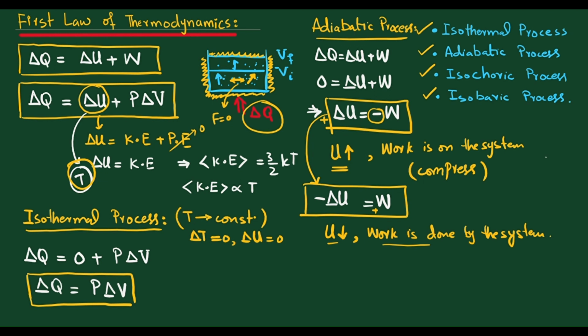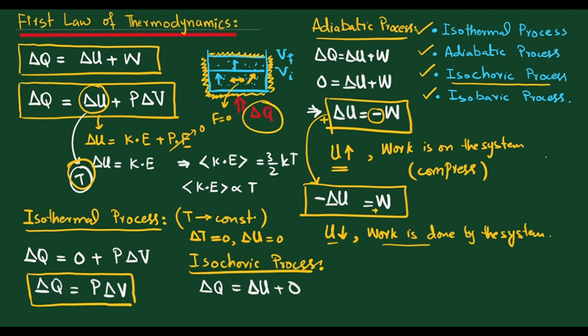Now consider the isochoric process. As we know that the isochoric process means the volume is constant, and at constant volume the work done is zero, all the heat that goes to the system will convert into its internal energy. For the isochoric process, delta Q is equal to change in internal energy plus work done, but work done is zero.